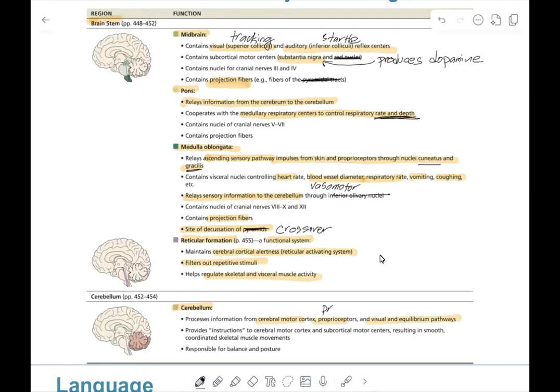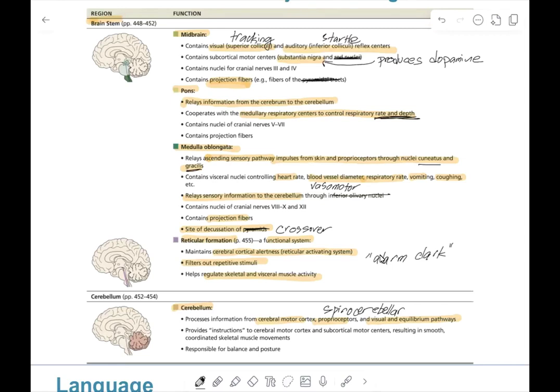That's why we have the spinocerebellar cortex that I mentioned earlier as well. We could think of the reticular formation almost as acting like an alarm clock, if you will.